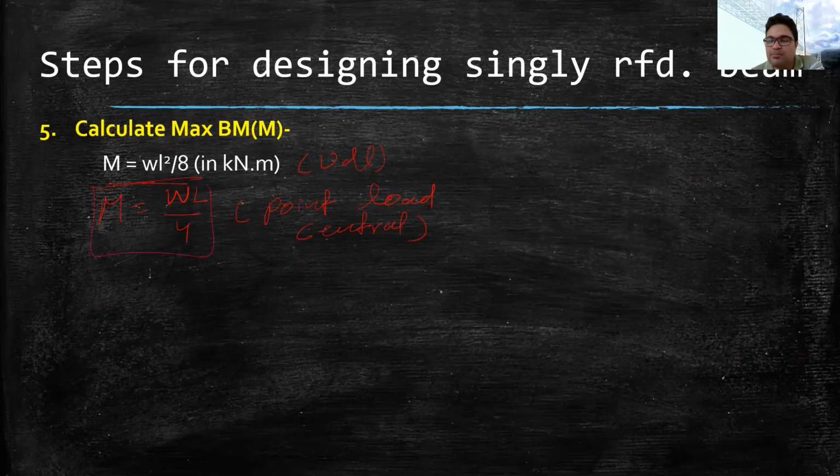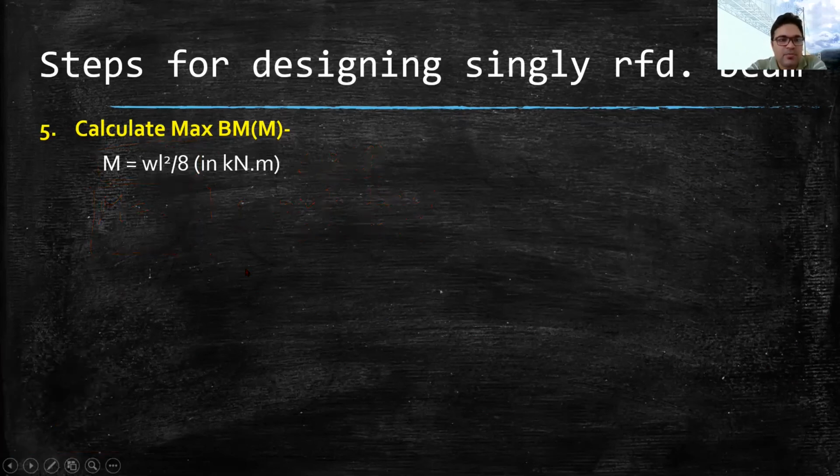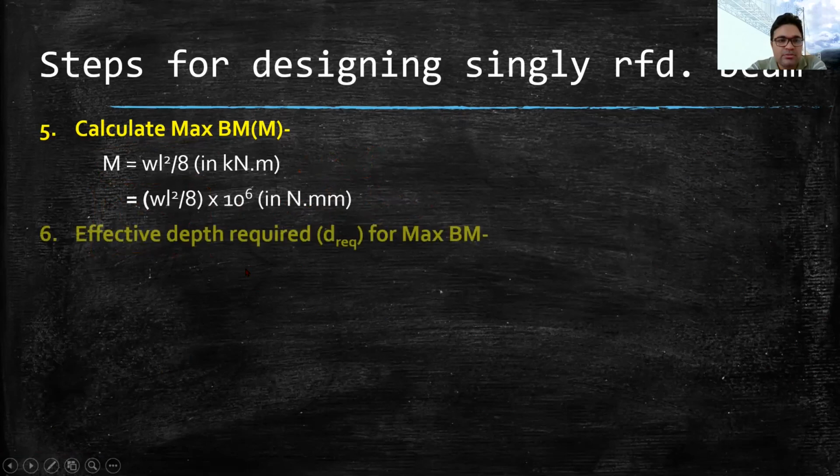But in most cases you will be given UDL, and in case of UDL applied on the whole span, the maximum bending moment will be WL square by 8. So once we calculate the maximum bending moment, then we will find out the effective depth required.